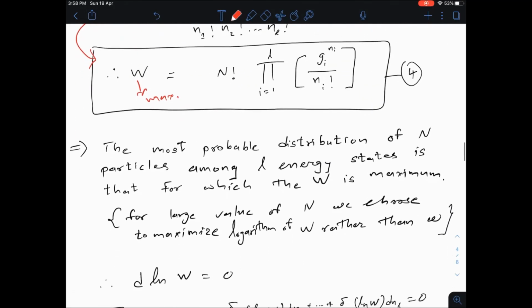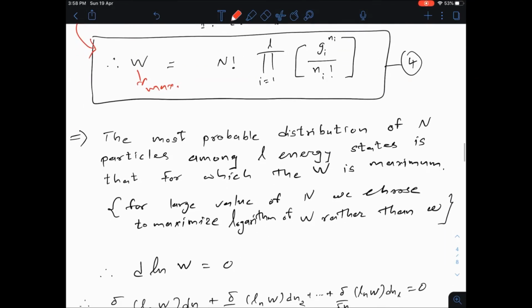So for the most probable distribution of n particles for which W is maximum, what we do is take the derivative of log W. Now here, for large values of n, the number of particles is very large, as I discussed in the earlier portion. So we know that n is very large, so we are going to maximize the logarithm of W rather than W itself.